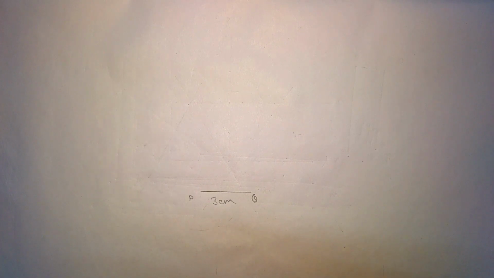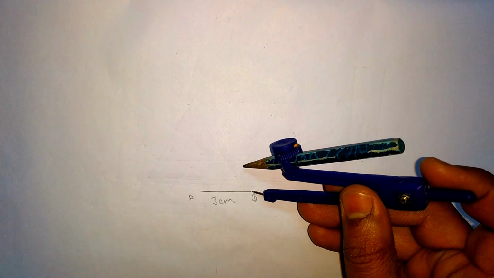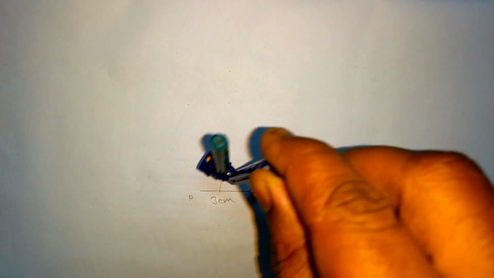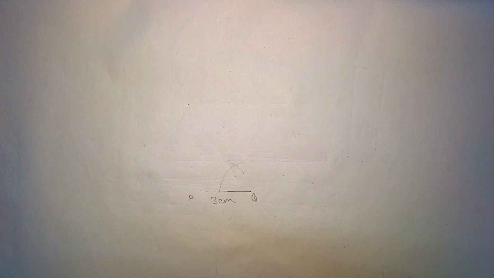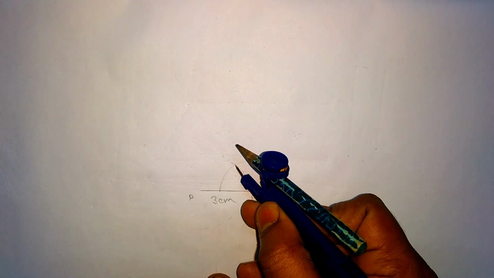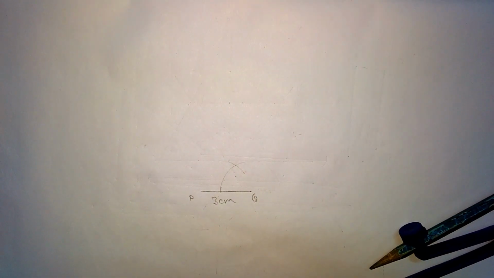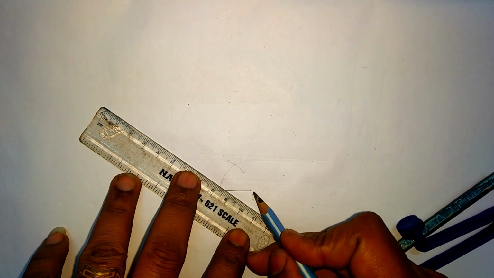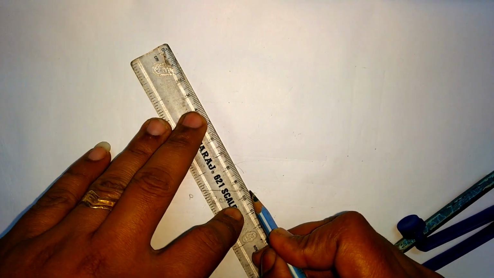Now from point Q we have to draw an angle of 60 degree. So put the needle on point Q, make one arc like this, and cut that arc. You will get a point. You have to join point Q like this way.